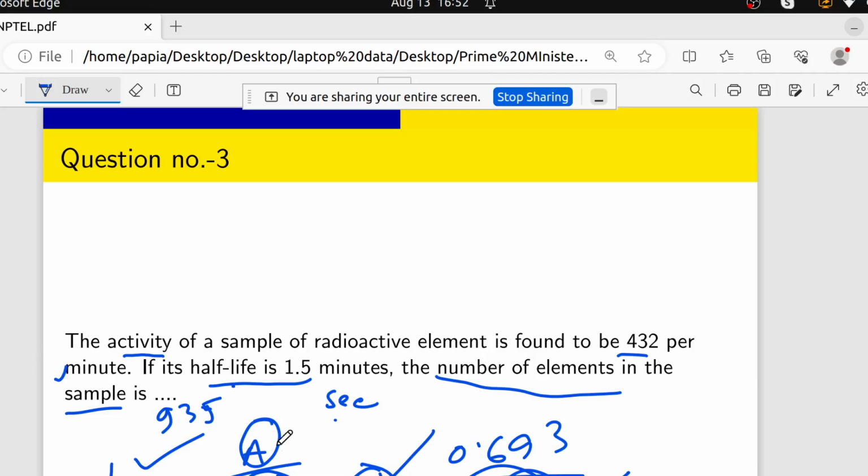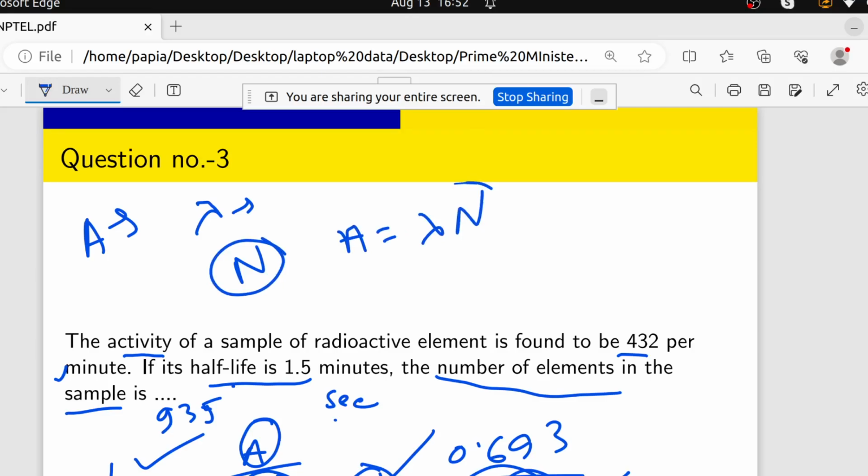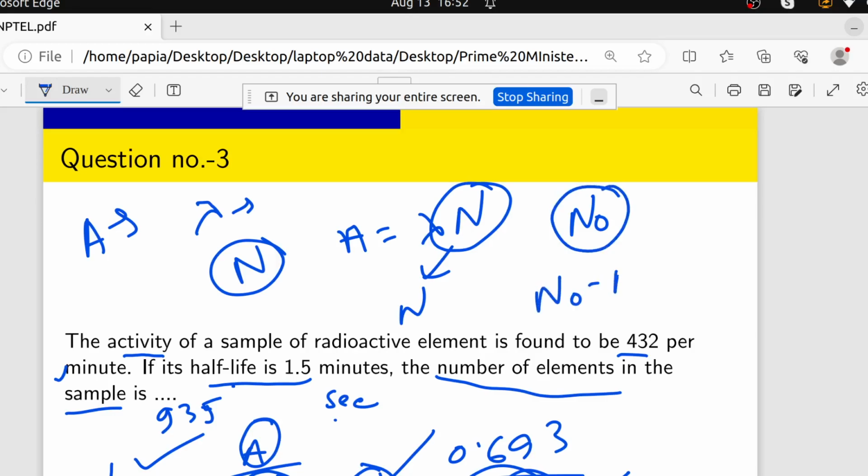See here, in that expression, activity is given, lambda is given, so we can have only the N value, because you know that A is lambda into N. By this expression only we can have the N value. If N0 is given, then we can do N0 minus N, otherwise we can't. So the number of elements in the sample is N only.